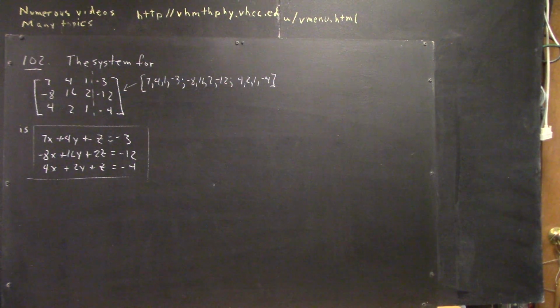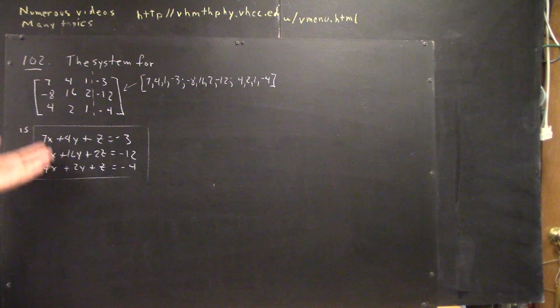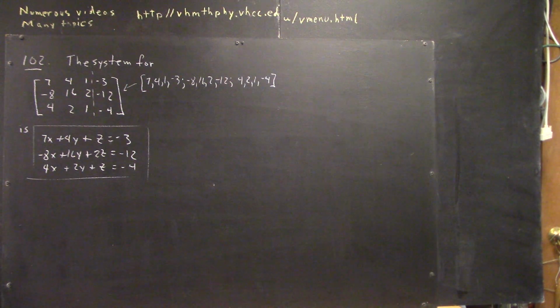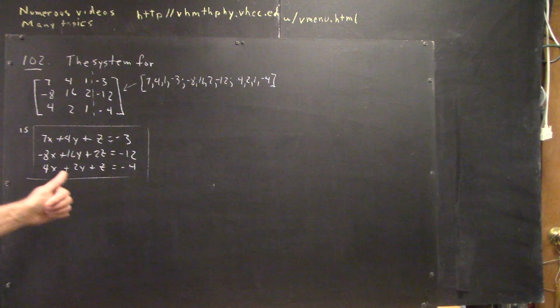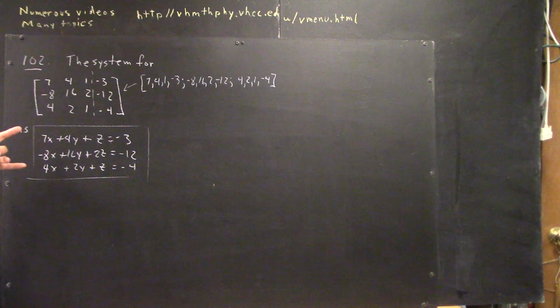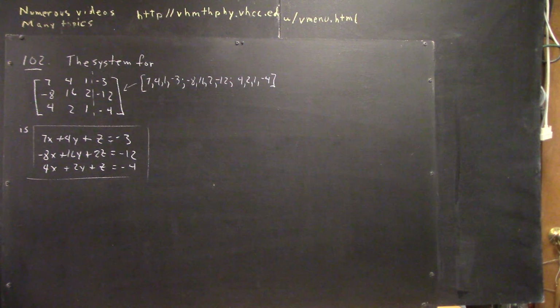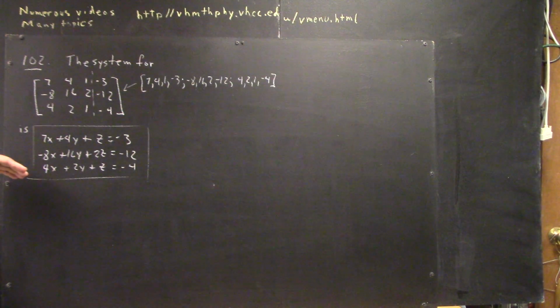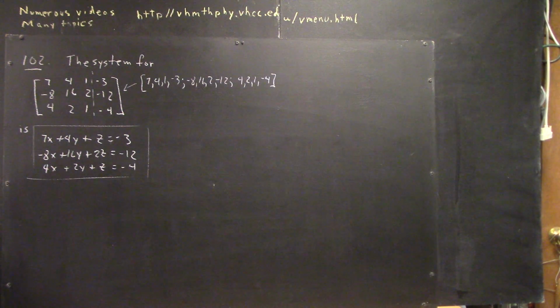It might be that in reducing these, in eliminating your variables, you end up with an equation that reads something like 0 equals 5. What does that mean? Well, that means that there's no solution. It means that one of the planes corresponding to one of the rows is parallel but different from the plane of another.